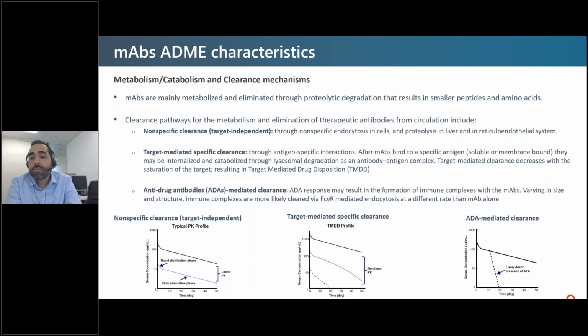These complexes vary in size and structure, and they are cleared at a different rate than the monoclonal antibody alone. So we can see in the third curve that for some subjects, we may observe a rapid decrease of the concentrations, and this is due to the rapid clearance observed in those subjects developing neutralizing ADA.